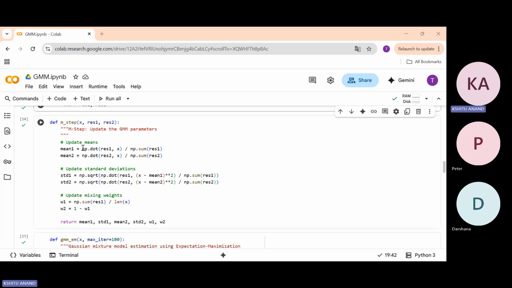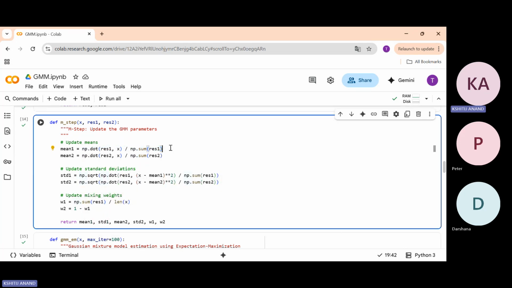So we have updated like this, summation of RES1. This will give you the mean of the first component and the mean of the second component, right? Similarly, this gives you the standard deviation of the first and second components. Similarly, the mixing weight is given by this.